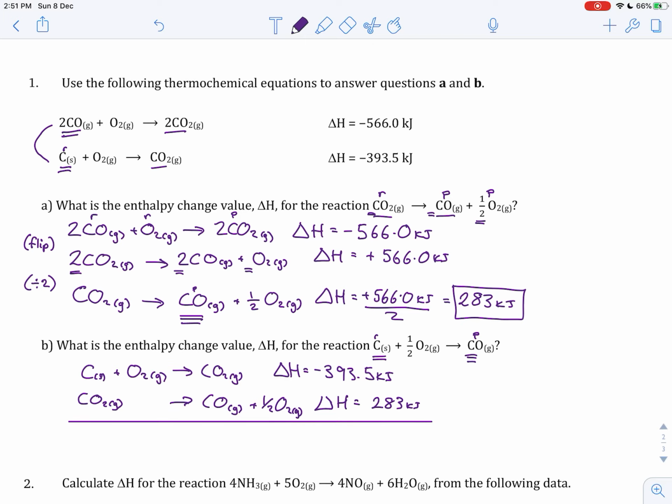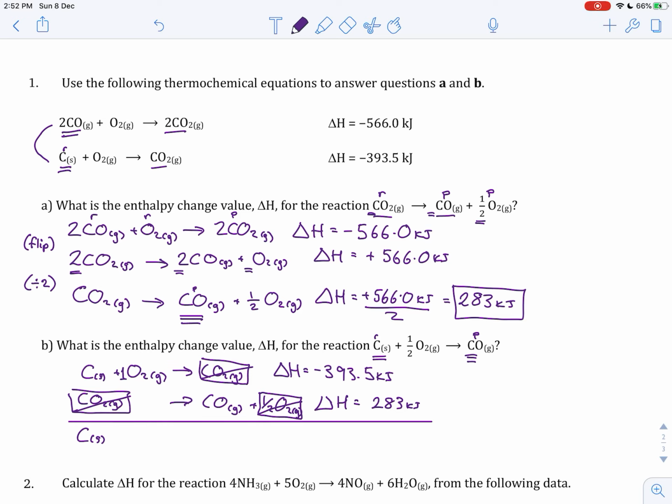Now let's make sure that this is going to work out correctly. When we add these two equations together, we're going to have carbon solid. Now, we've got a carbon dioxide as a reactant, but we've also got a carbon dioxide as a product, so we can cancel them. Now, oxygen, we've got 1 oxygen as a reactant, and we've got half an oxygen as a product.